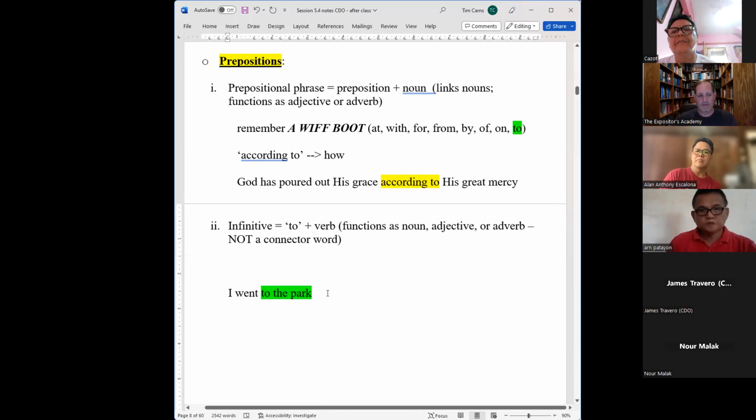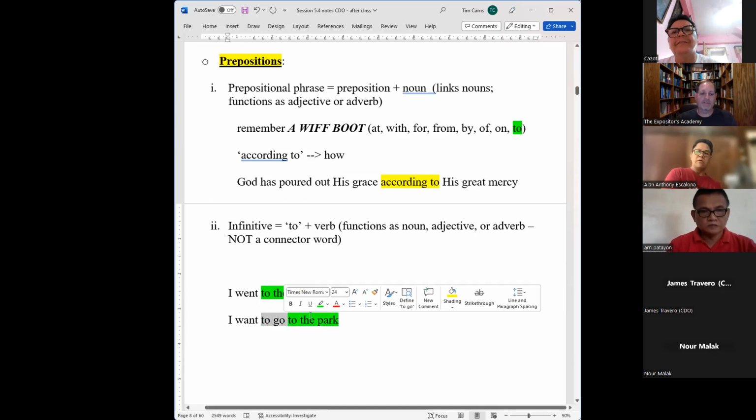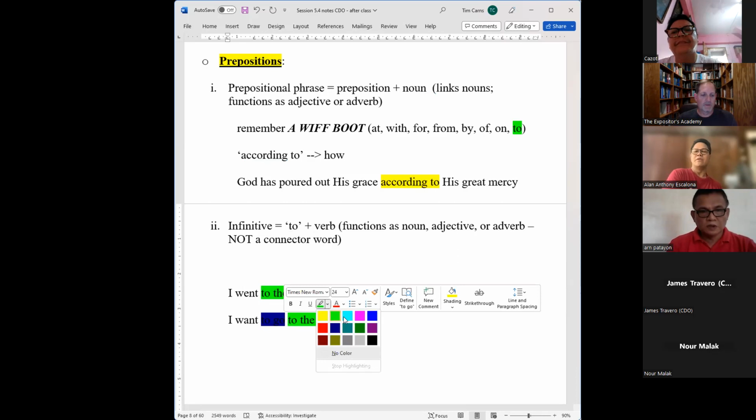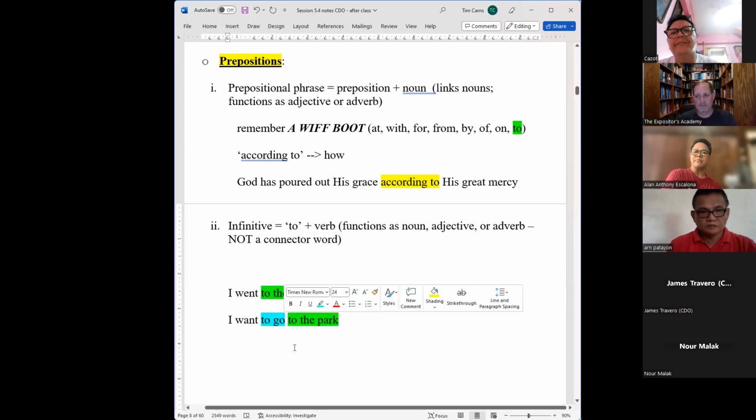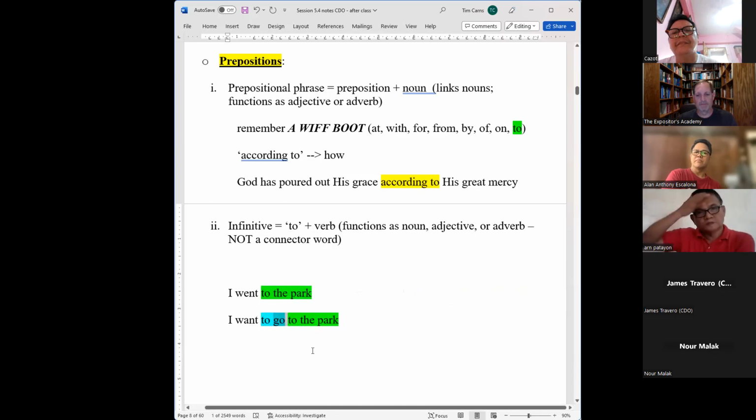Park is a noun. Now, if I said, I want to go to the park, all right, we still have to the park. That's a prepositional phrase, but to go here is not a prepositional phrase because it's to plus, notice go is a verb.